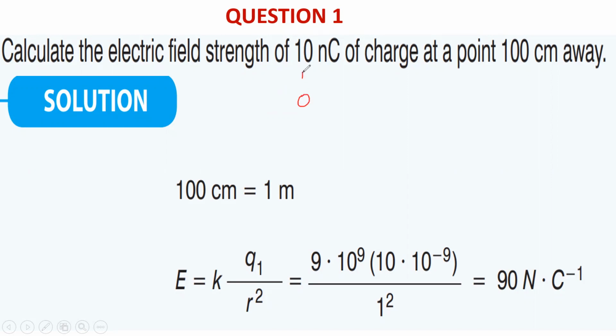We have only one charge, let's say Q1. Q1 equals 10 nC. How can we convert it? 10 times 10 to the power of negative 9 coulombs. This is our first step. And then you have a distance, 100 meters away, and you have a point here.